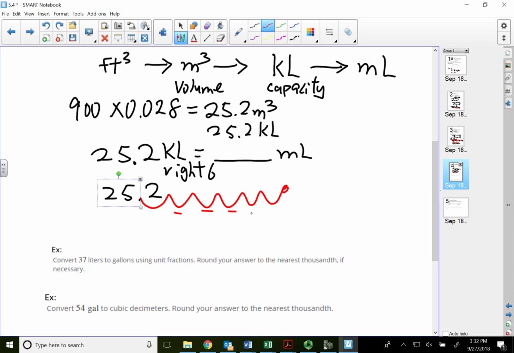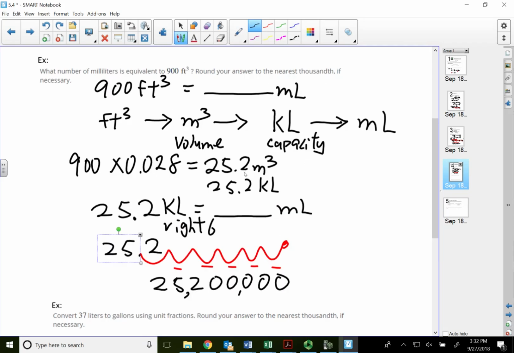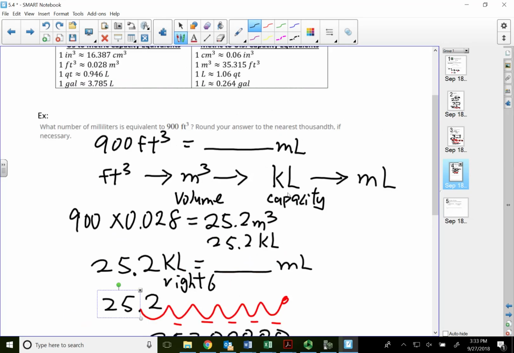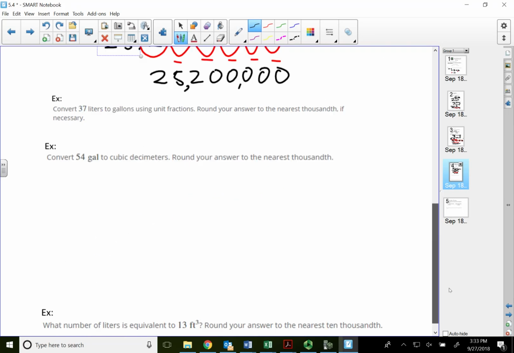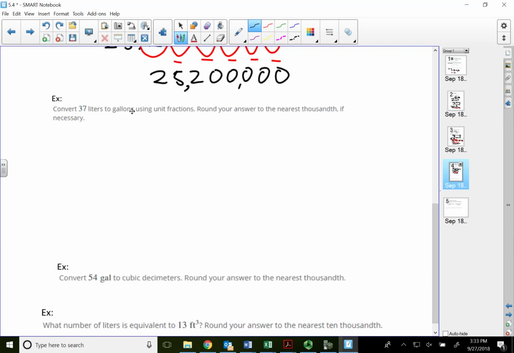So that means I got 5 empty slots I can put 0 in. So my final answer is 252 with 5 zeros behind it. There you go. That will be that many milliliters. Okay. That was a tough one. Because I actually need to go through 2 other things before I can reach where I want to go.